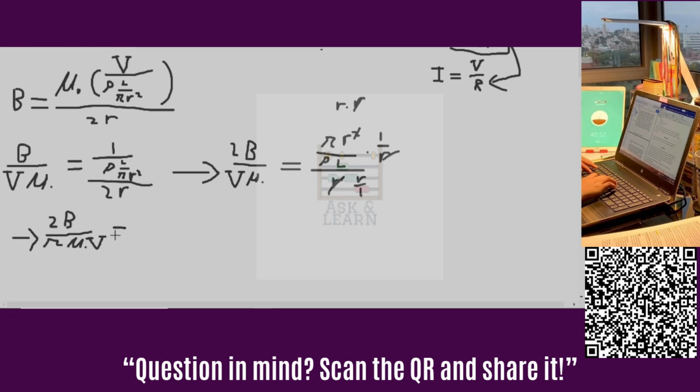Now this is equal to the simplified version of this. All we have left, we got rid of pi, we have an r, because we only canceled the square, divided by rho times L.